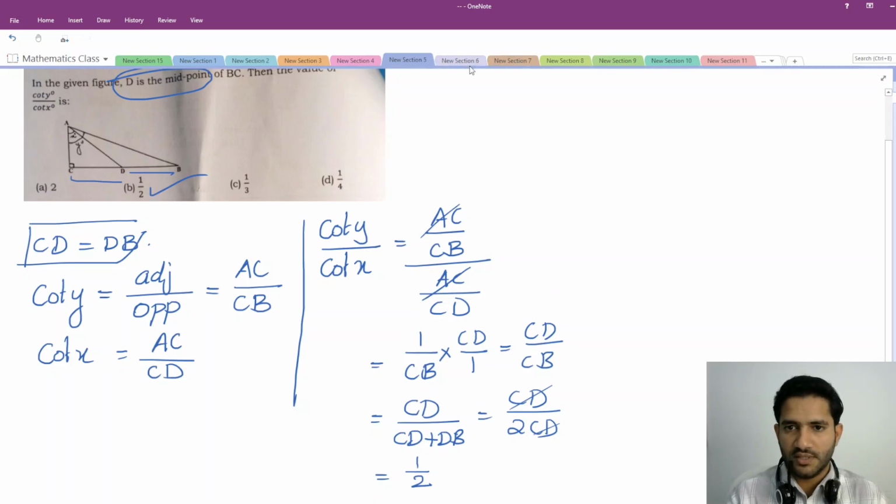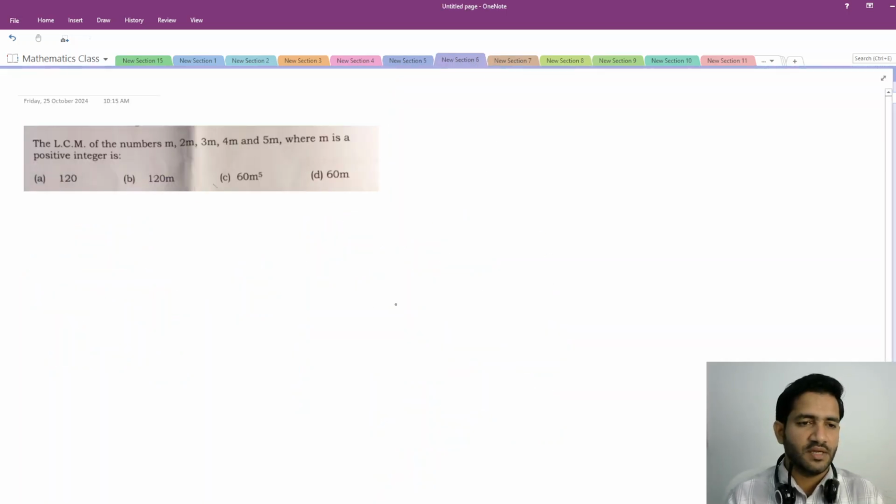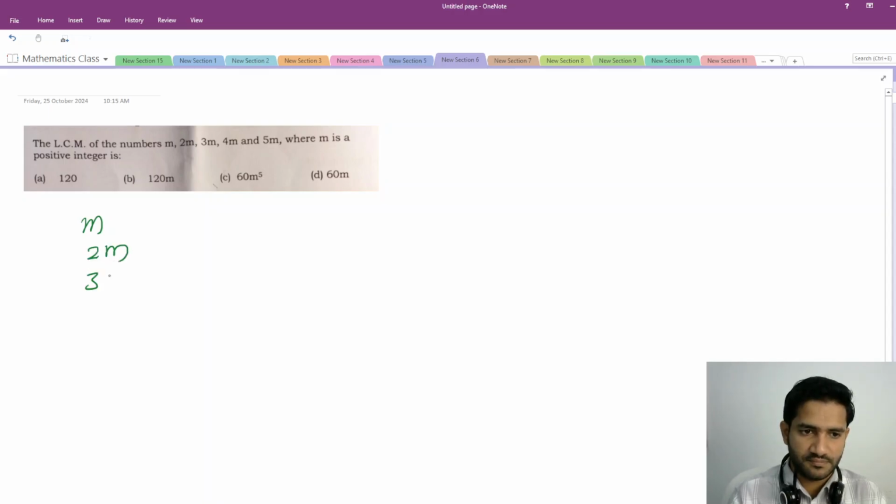Okay. Now look at the next question. The LCM of the numbers m, 2m, 3m, 4m, 5m, where m is a positive integer. We need to find the LCM of these numbers. LCM of m, 2m, 3m.